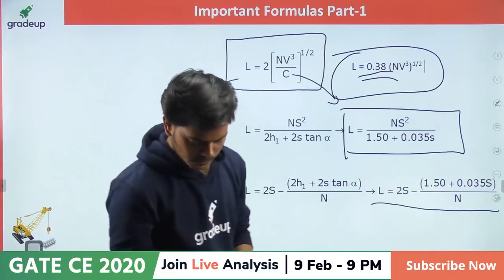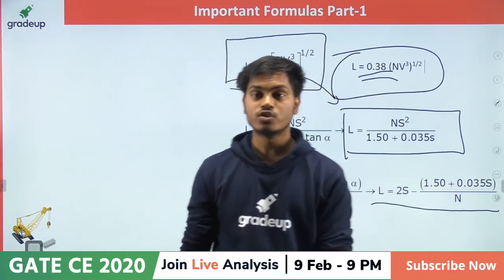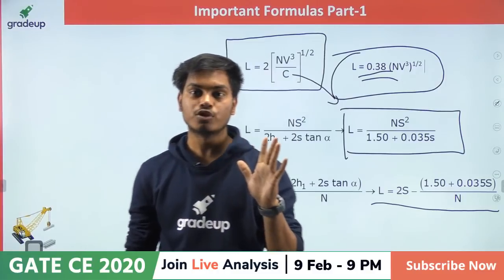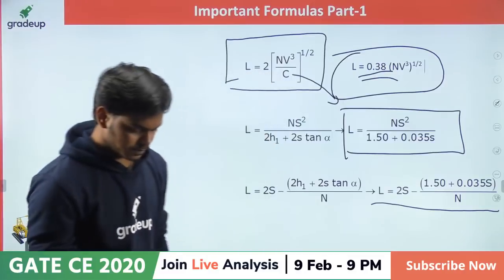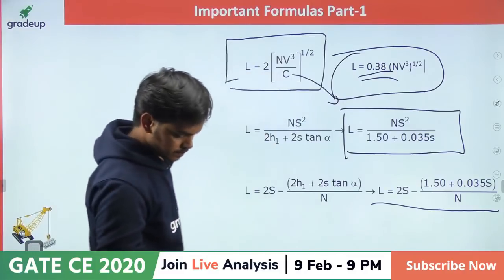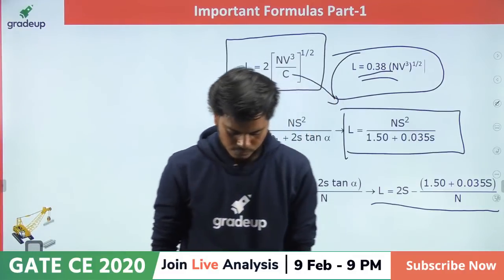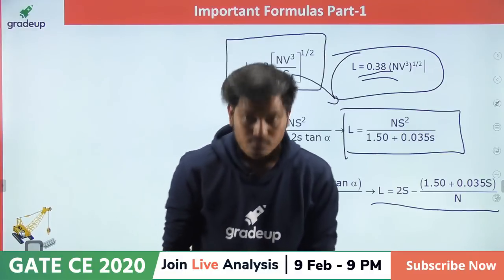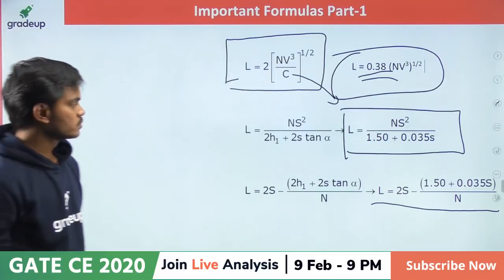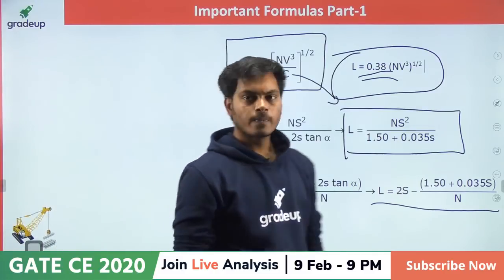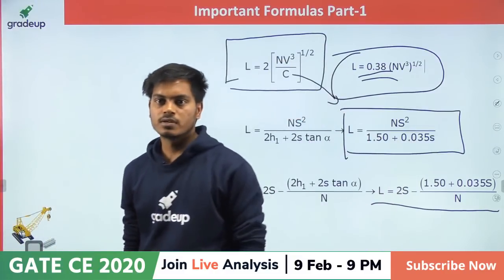Okay? Unit of C. Someone is asking the unit of C. Come on, tell me. Who will tell me the unit of C? Fatafat. No, nothing will be in percentage.